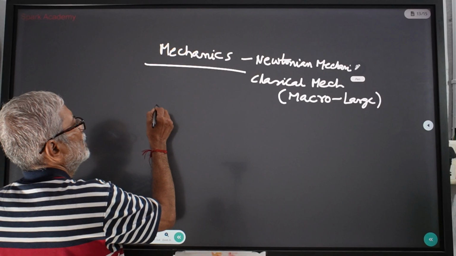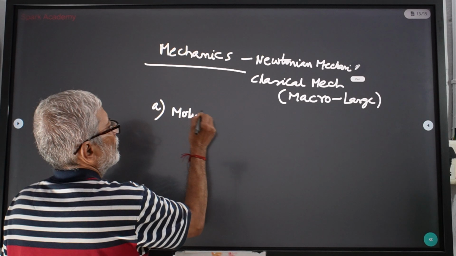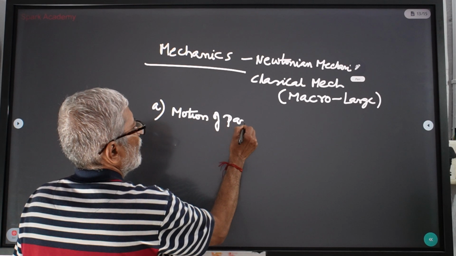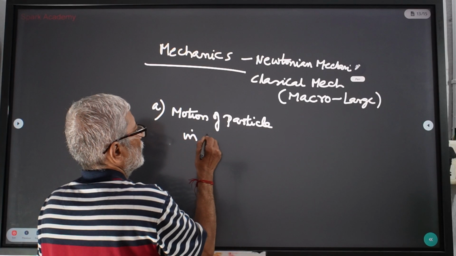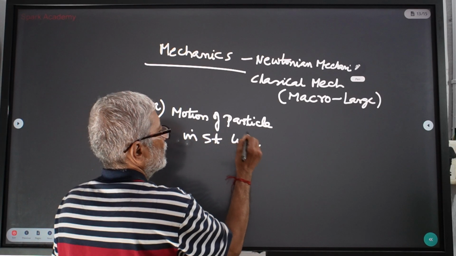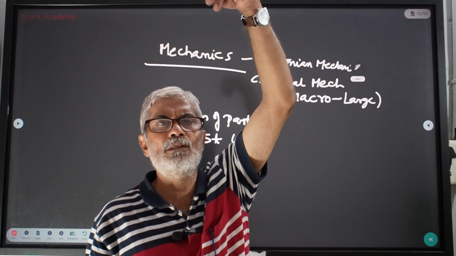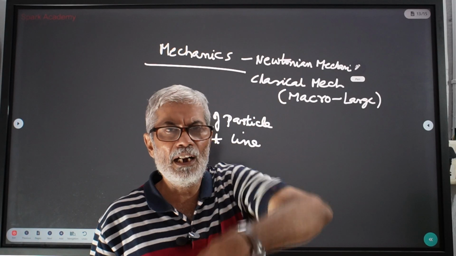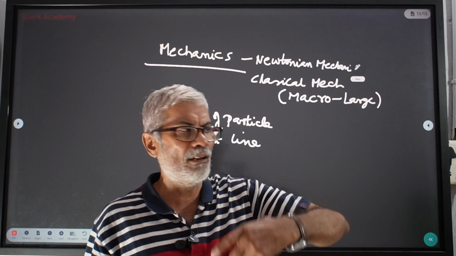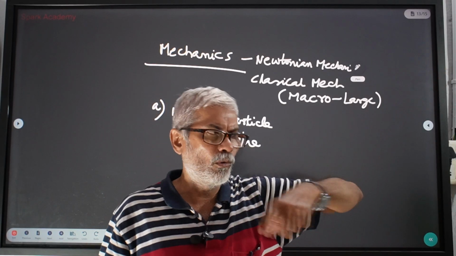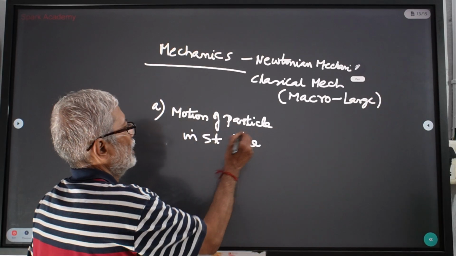So basically you have to study motion of a particle in a straight line. It can be in the x direction or the y direction, with gravity or against gravity, or a body traveling from one point to another with some speed.